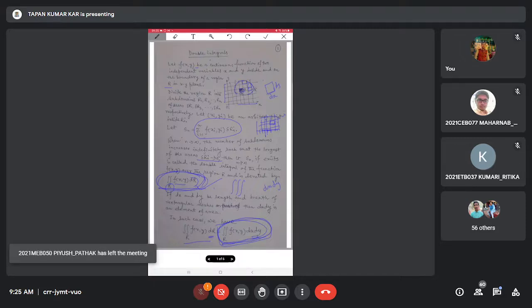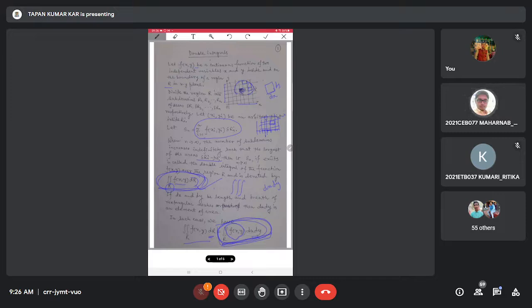This is not the actual area. Remember this. I will give you some example on area where you will understand how to evaluate the area. It is the integral of the function f(x,y) over a region.